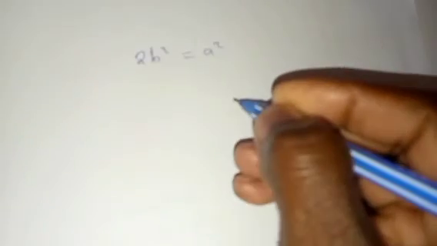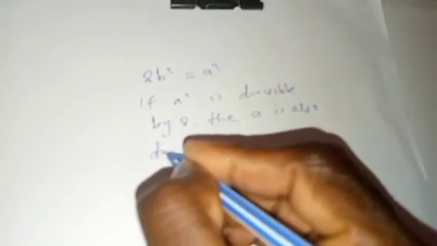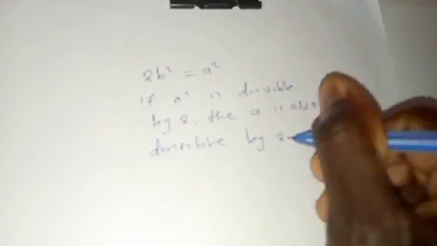So what statement do we use in this case now? To continue from here, you say if a square is divisible by 2, then a is also divisible by 2.